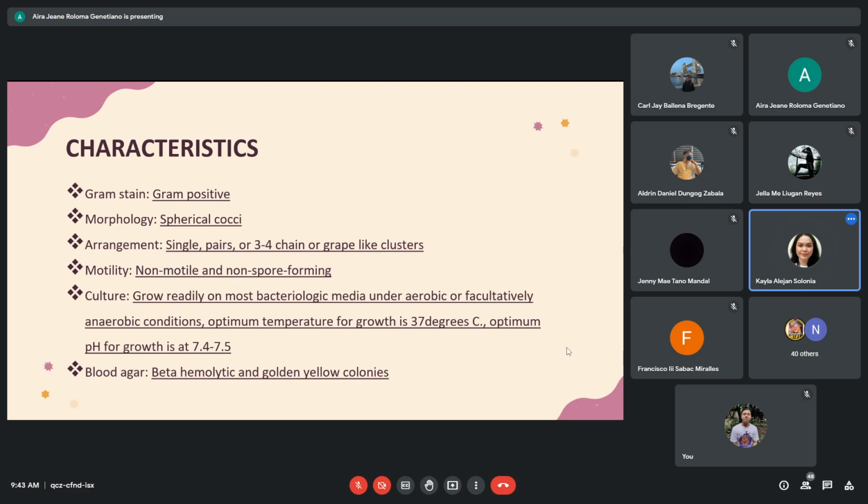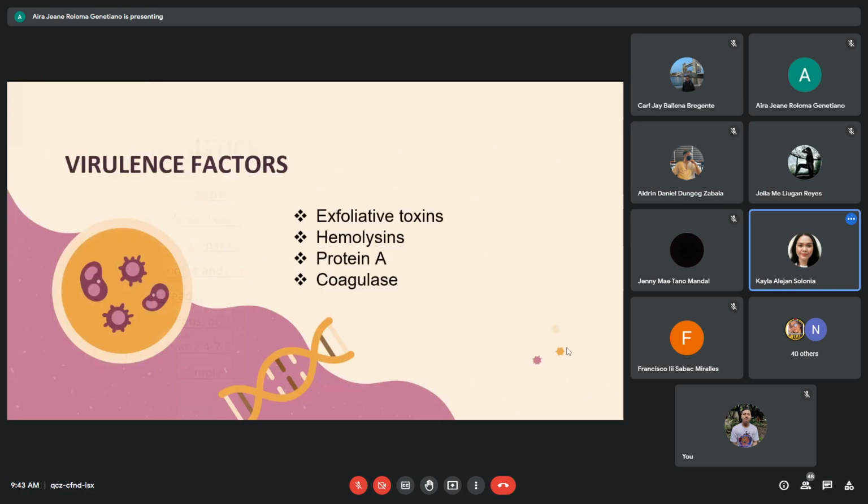On blood agar, it is beta hemolytic with golden yellow colonies. Virulence factors are exfoliative toxins, hemolysins, protein A, and coagulase.